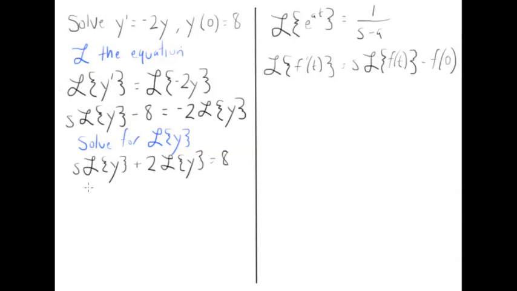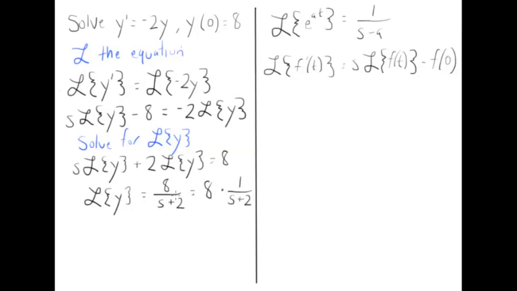Or, solving for the Laplace transform of y equals 8 over s plus 2. I'm going to write that as 8 times 1 over s plus 2 to indicate the fact that we've got a constant times this expression.